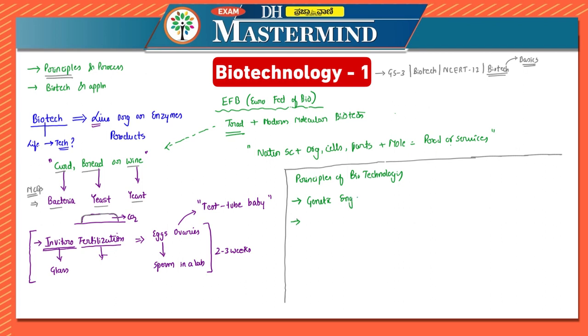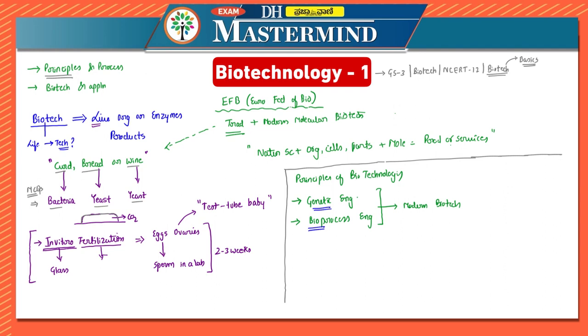The second one is bioprocess engineering. These both have given birth to modern biotechnology. The first one is genetic engineering. The second one is bioprocess engineering.